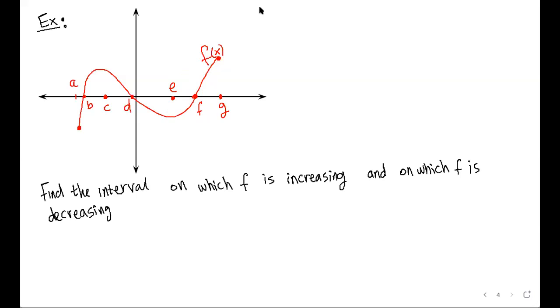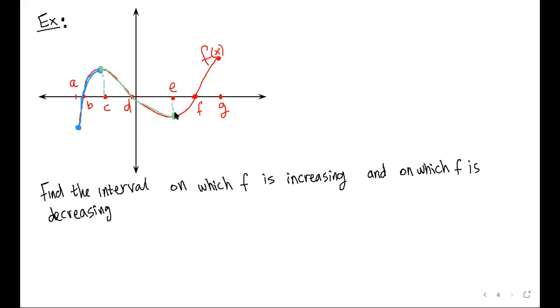If we look at the function from this point going up to this point, this means that going from the left to the right, the value is increasing. Then if I continue in this function from this point going down, this means the function is decreasing from this point to this point.